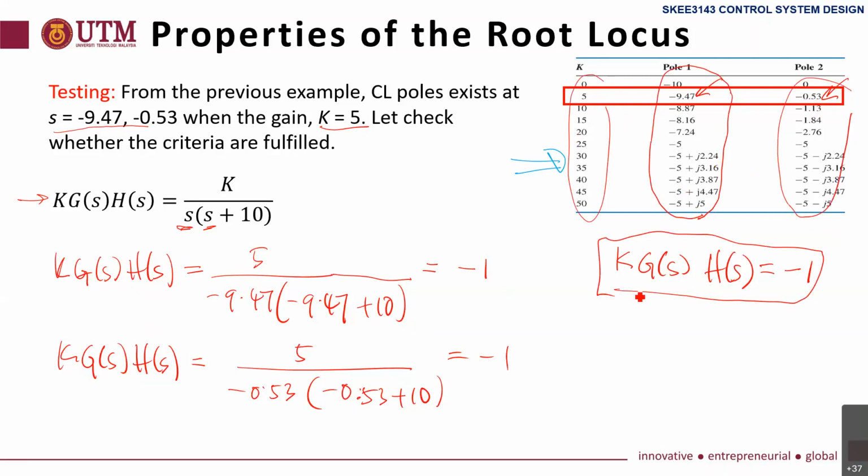All closed loop poles must satisfy this property, and later this property is divided into angle and magnitude criteria. Any question at this moment?